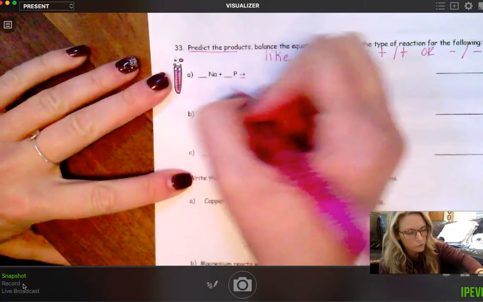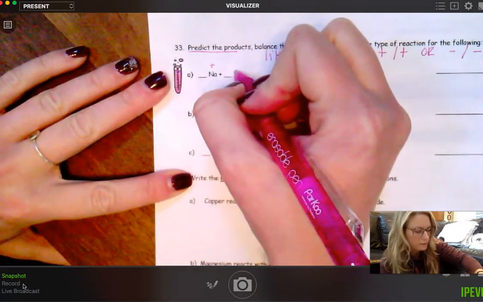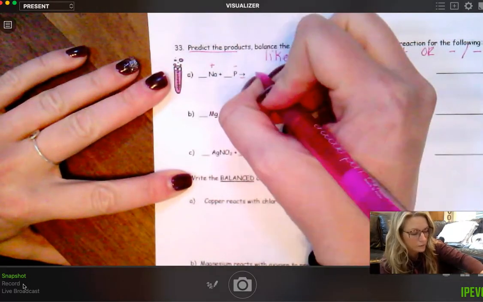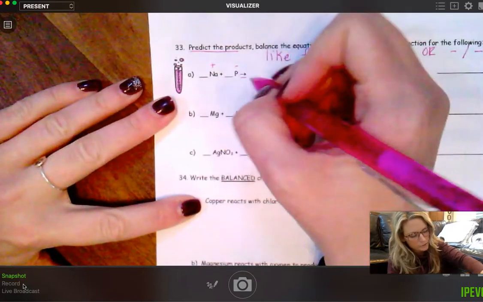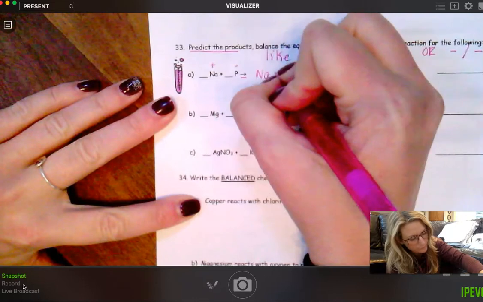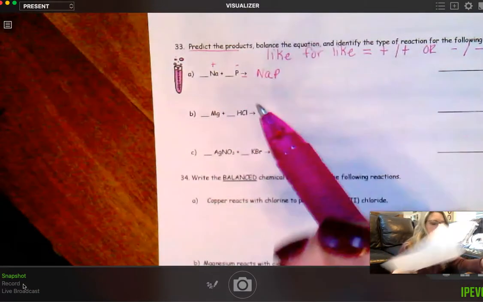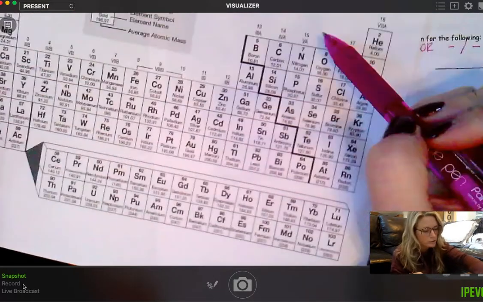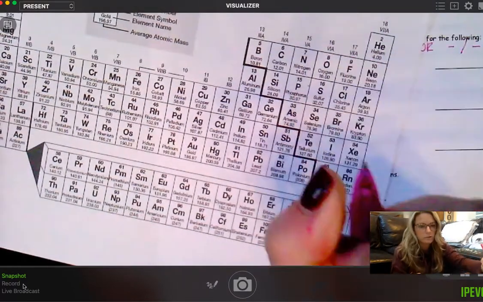So you have to look at your chart and figure out, okay, sodium is a positive, and the only other one over here is phosphorus. It's a negative, so we know we have to combine those together, because this is a reaction that synthesizes these, so it's going to end up being NaP. Now, the only question left is, because we have a positive and a negative, Na has a +1 charge, and P has a -3 charge.